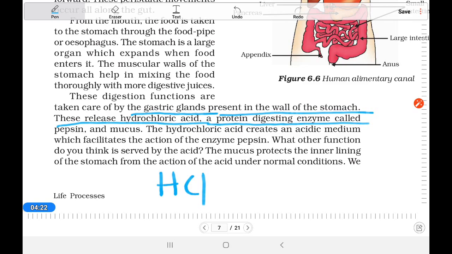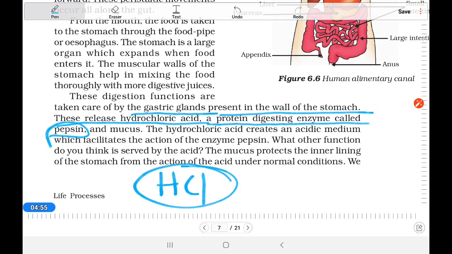This hydrochloric acid makes our food low in pH, so that a certain enzyme called pepsin can digest the protein food material. It has some other functions too, but basically it helps in the digestion of the food material.